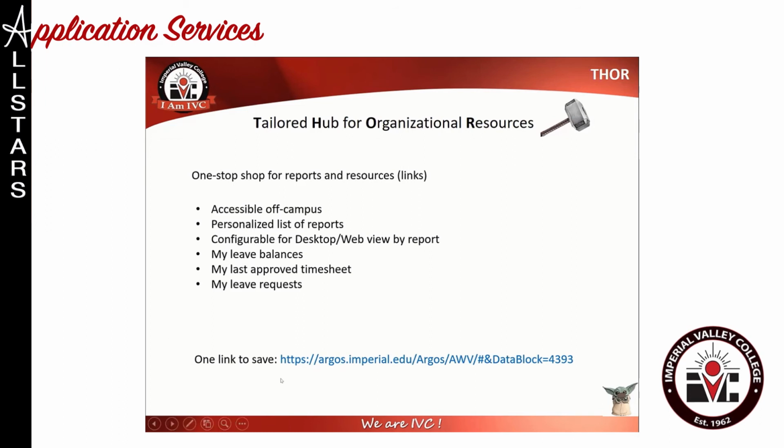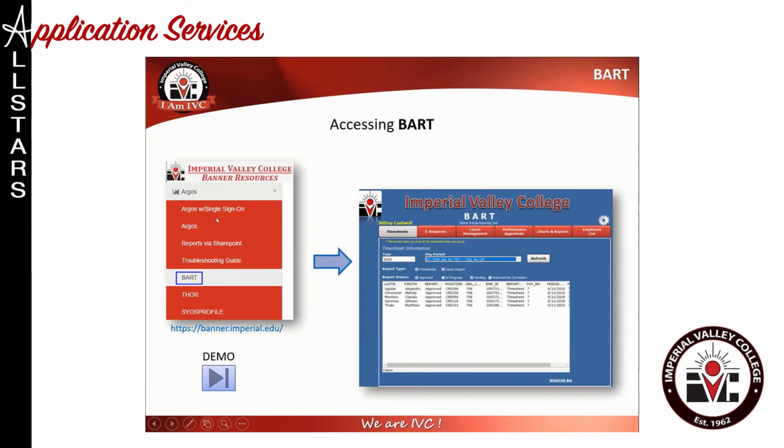So basically, this link is the only one that you need to save as a bookmark somewhere. If we go back to the last slide, it's accessible through Argos, through banner.imperial.edu in Argos Bart.